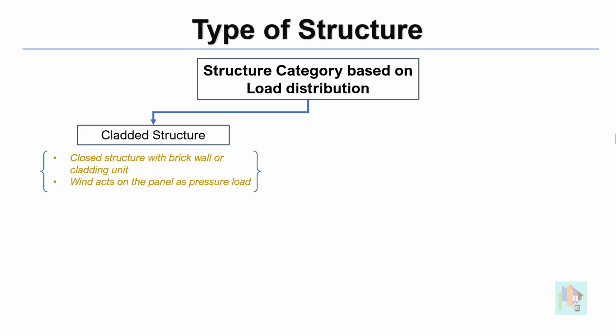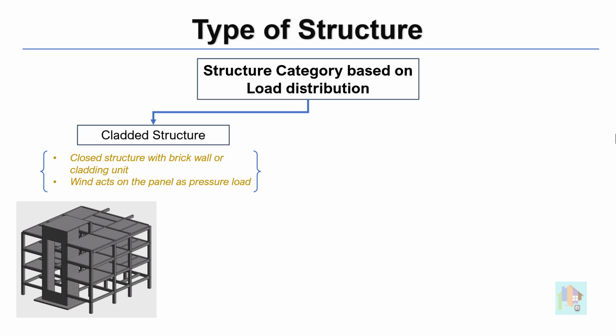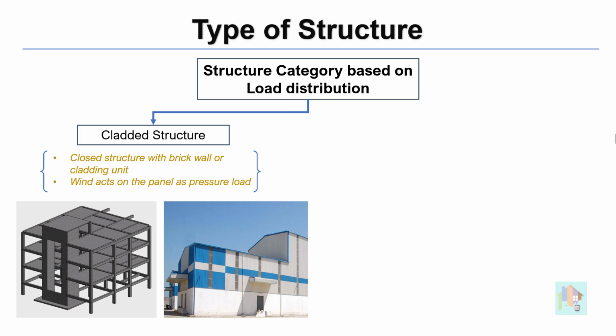We can categorize it as cladded structure, like any residential building or warehouse which is completely or partially covered at the outer surface with brick wall or panel. We can further categorize this as flat roofed structure with concrete deck, like any multi-story residential building, and sloped roof structure, like pitched roof factory shed or monoslope roof.